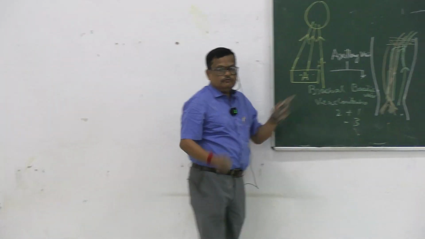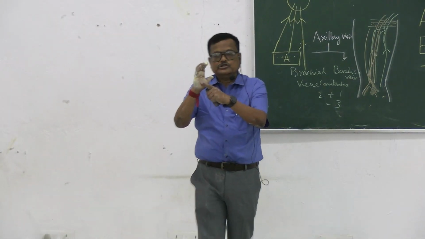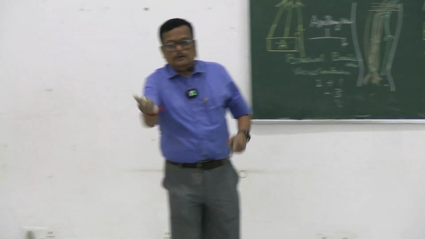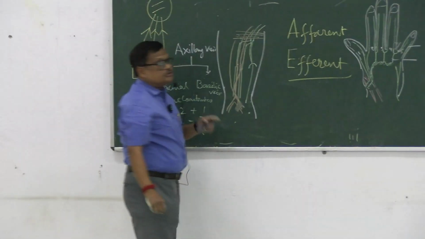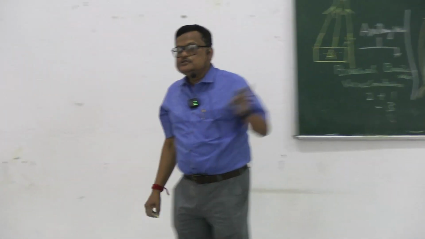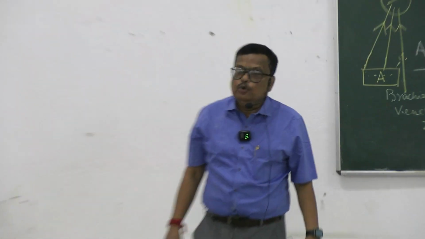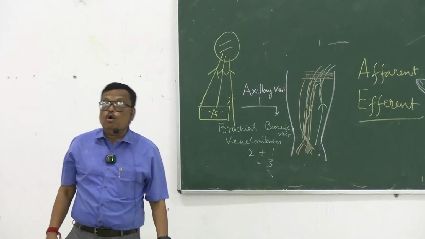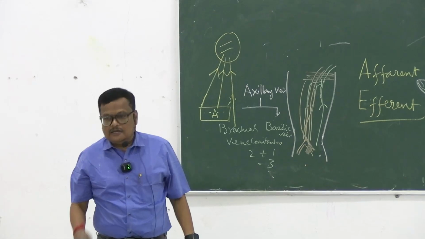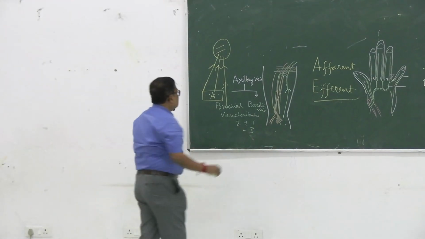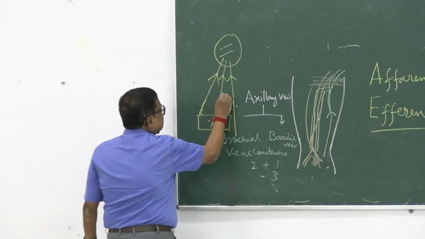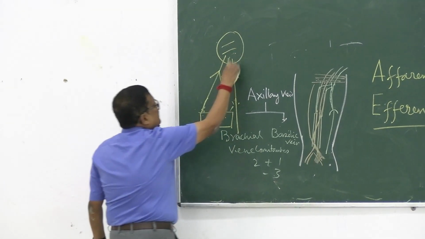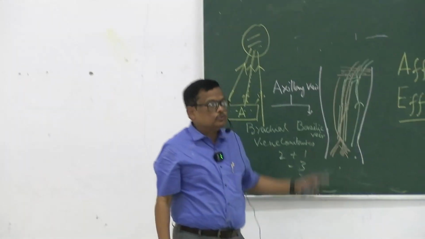Suppose a region, for example the hand, has a lymph node here. This station we call a lymph node. Suppose A is inflamed, infected or cancerous, then the lymphatics carry this infective material or cancer cell through the afferent vessel to the lymph node.